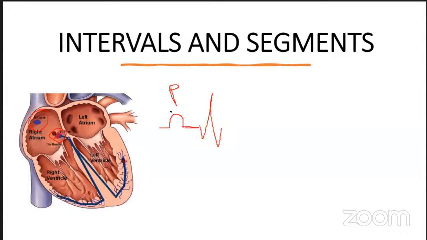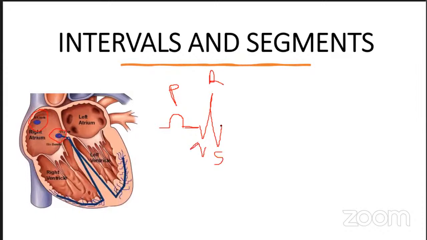And the QRS complex represents ventricular depolarization. So remember, when the SA node fires, you're going to have your P wave, which represents atrial depolarization or atrial contraction. And then your QRS complex, which represents ventricular depolarization. So this would be our Q wave, this would be our R wave, and this would be our S wave.